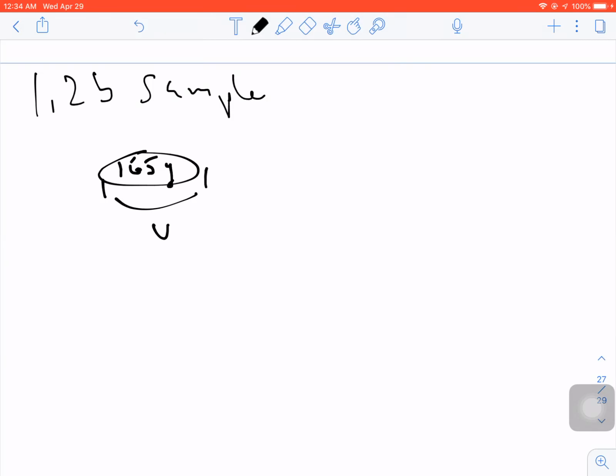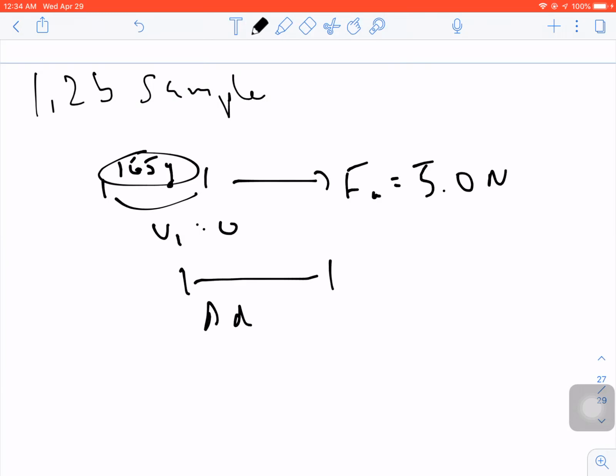And it has a V1 of 0. And then it's going to have a force applied to it of 5.0 newtons. And while it's got that force being applied to it, it's going to move a distance of 0.50 meters. So the stick gets behind the puck and pushes the puck half a meter while it is causing the puck to speed up. And when it's done, the question is, what is the final speed of the puck? What is the speed after 0.5 meters?